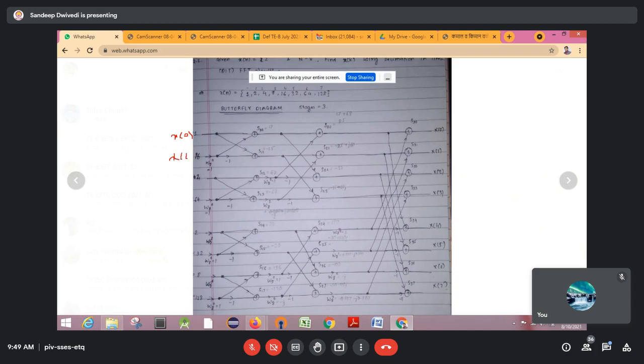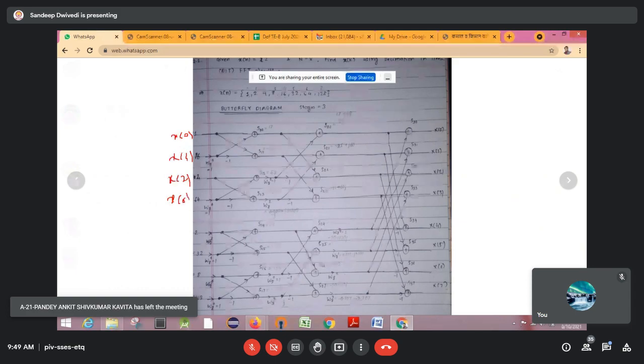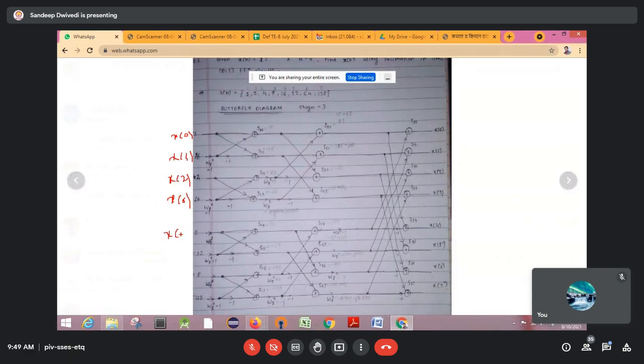You need to write x of 4 before x of 2. Then x of 2. All these are the even samples. Then x of 6. Here this will be x of 1, the odd samples. Then before x of 3 you need to write x of 5. Then x of 3. Then x of 7, like this.